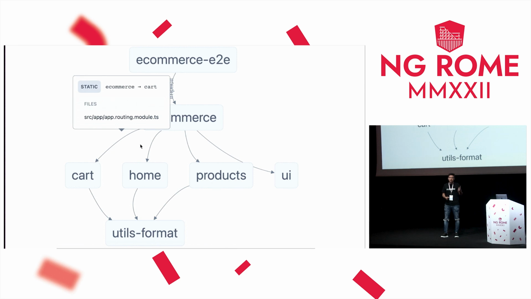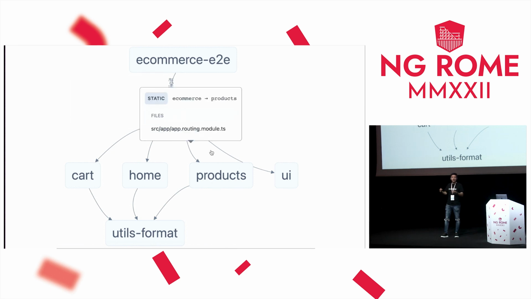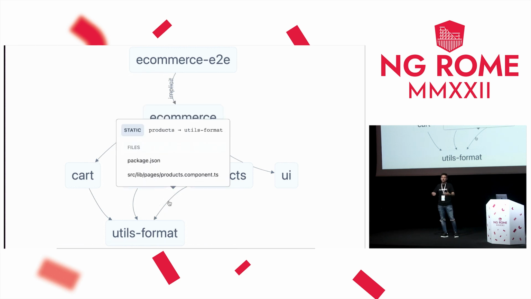So we can run the command nx graph, and NX opens a tab in a browser, and we can interact with this graph. We can click with the mouse on the arrow to see the files that create the relation between the modules, but we can also select different modules and check the path between them.